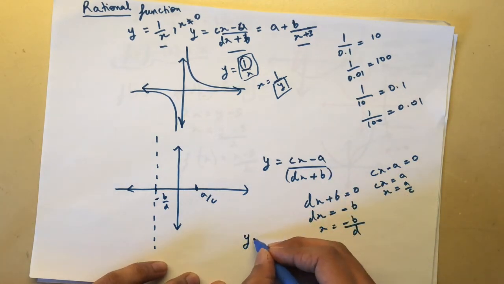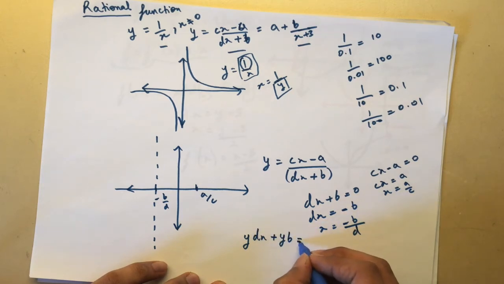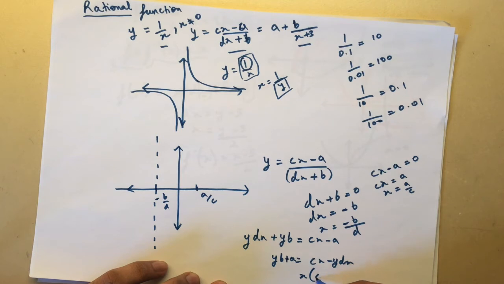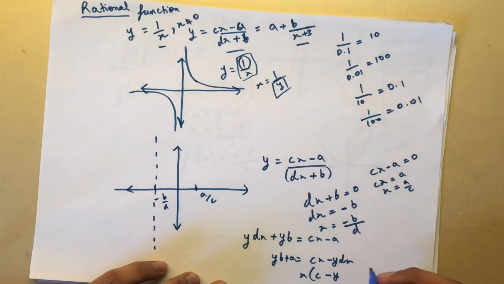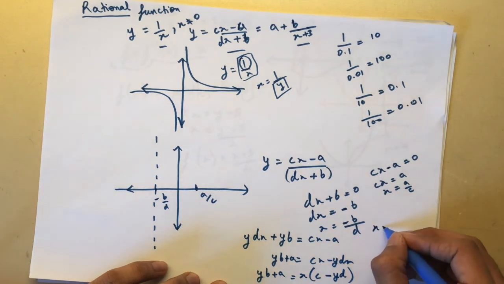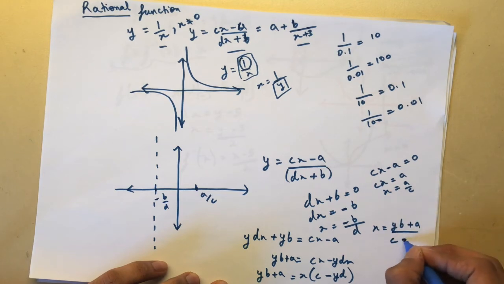So we would get something like y times dx plus yb is equal to cx minus a. And then yb plus a is equal to cx minus ydx. We take x common, we get c minus yd is equal to yb plus a, and therefore x is equal to yb plus a upon c minus yd.